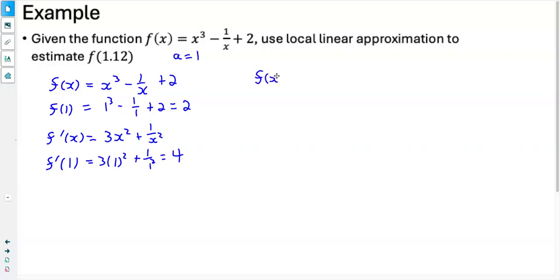So we've got f of x is approximately equal to f of a plus f prime of a times x minus a. So our x value was 1.12.